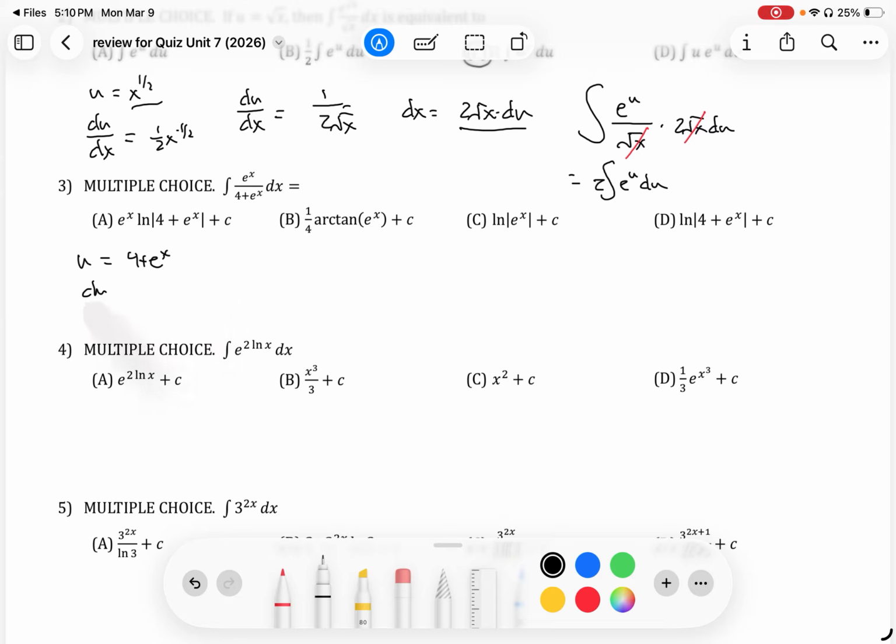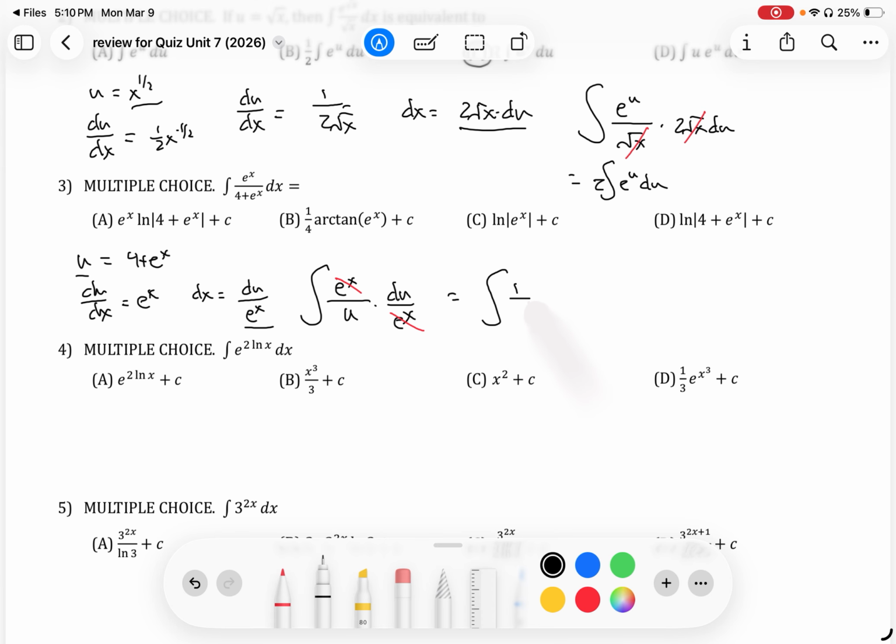Then du dx is going to be e to the x. So dx is going to be du divided by e to the x. So if I plug u in for 4 plus e to the x, and du over e to the x in for dx, I get the antiderivative of e to the x over u times du over e to the x. E to the x's are going to divide out.